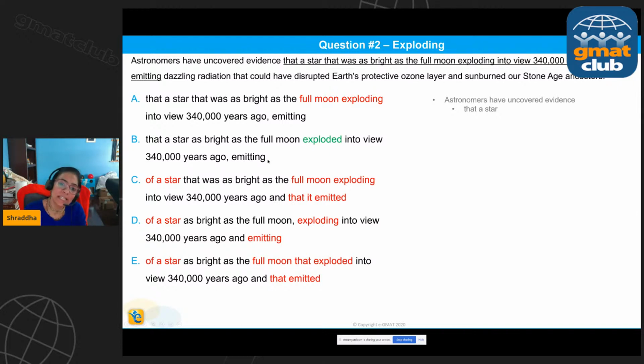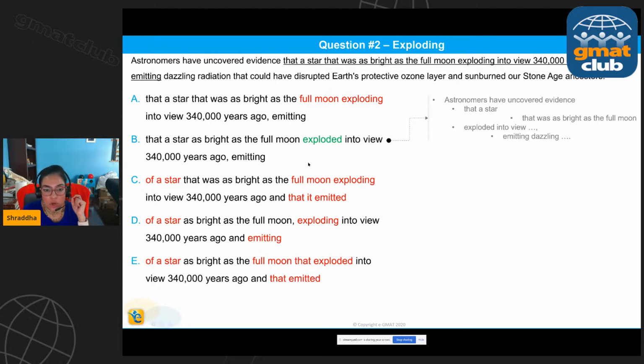It modifies the preceding action, and that preceding action is exploded. So star exploded into view, and as a result, it emitted dazzling radiation. So choice B indeed is the correct answer. All right. Does that make sense, Anshuman?